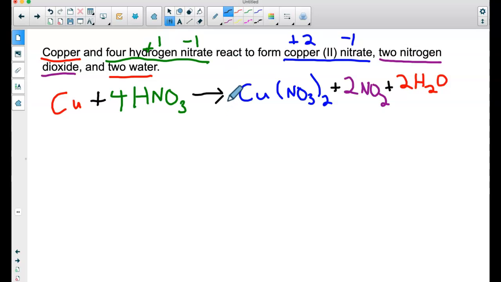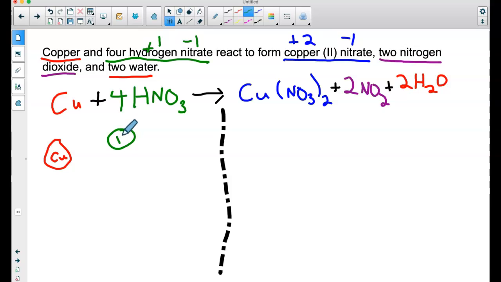Now for the particle diagram, I like to draw a line to split up my workspace. So I'm going to do my reactants on one side and my products on the other. So I have to do a little circle for each atom. So I've got my Cu.